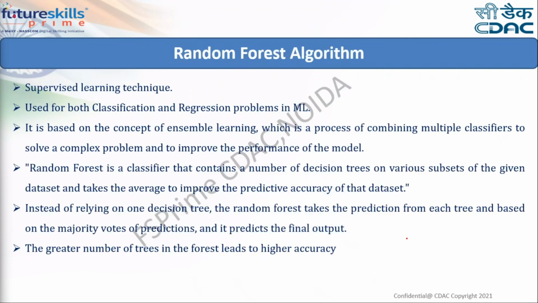Now, random forest algorithm. Here you will see a slight difference. Everything will be the same, with one slight difference. Let's see what the difference is. Firstly, we will have the main data set. From the main data set you pick randomly a sample data set and give it to a different decision tree.